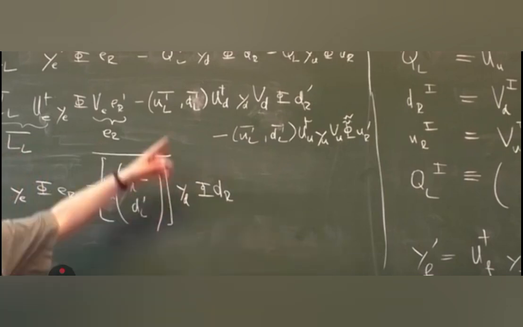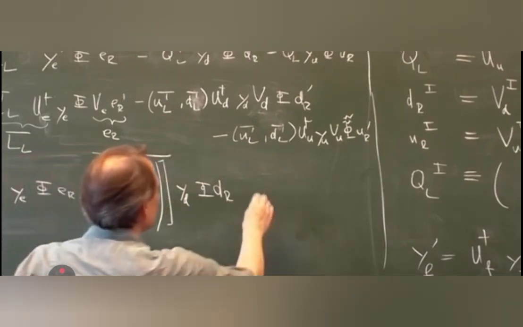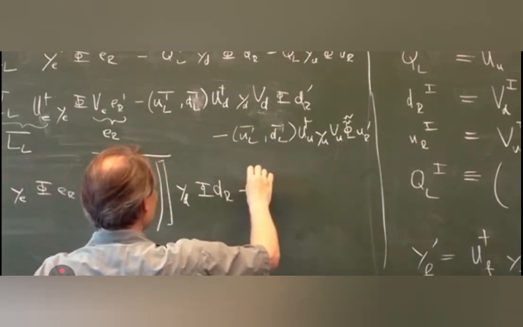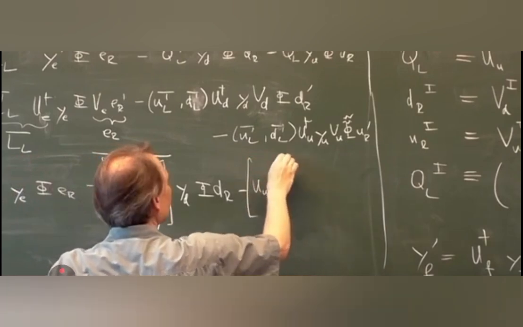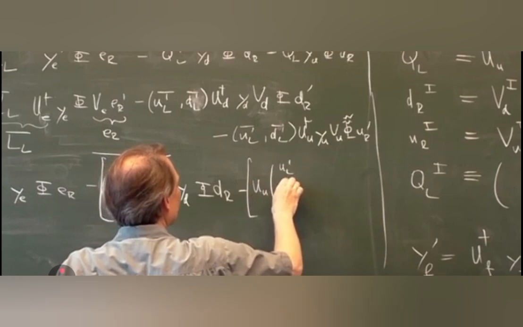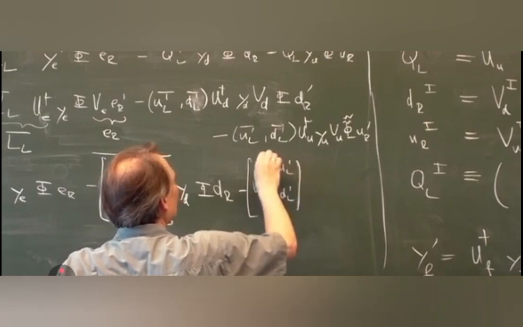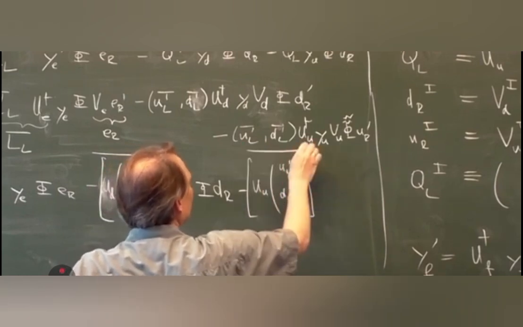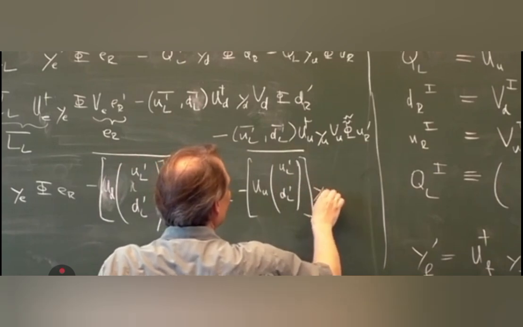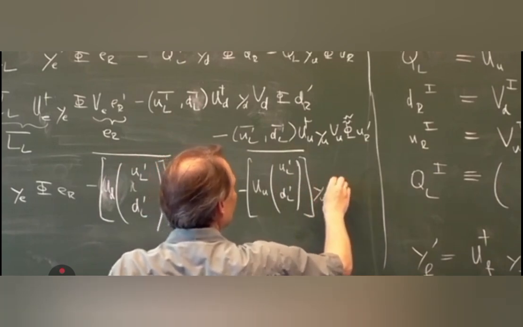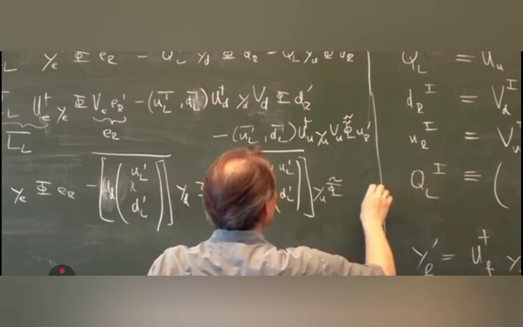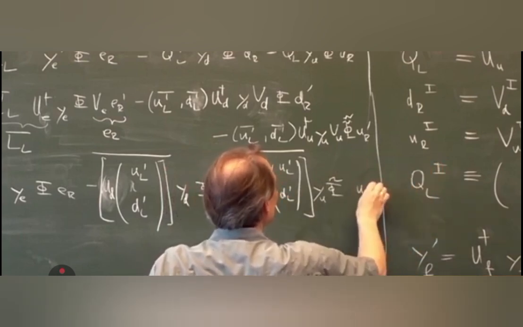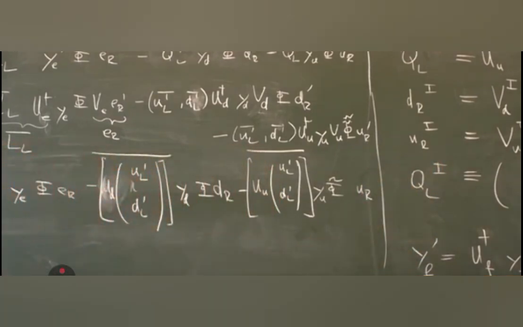That is this object. And here, what is this object? It is the same. So we have here U_U times the vector (u_L', d_L'), and the whole thing bar times Y_U diagonal matrix times phi tilde, and that is simply u_R index free and without prime.